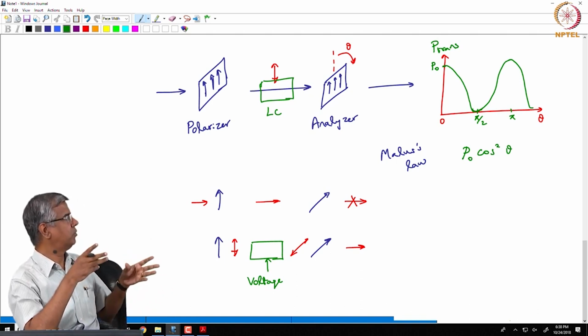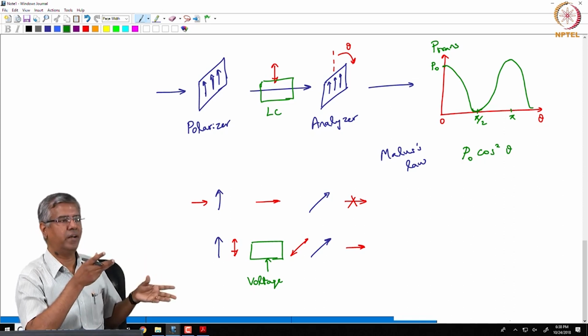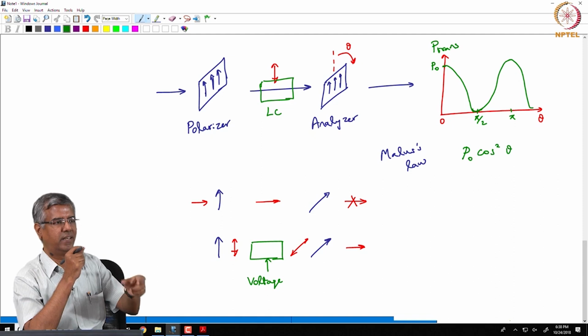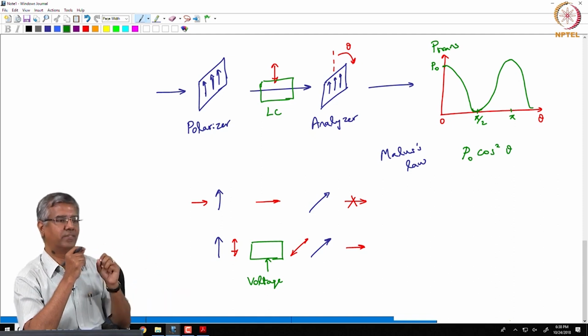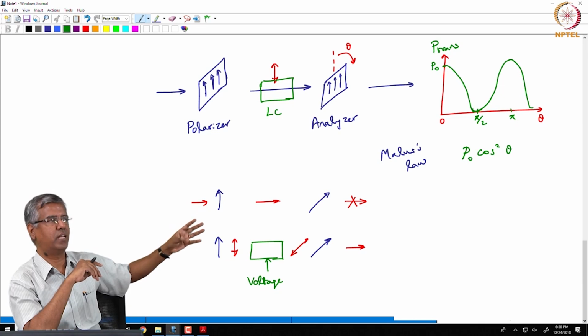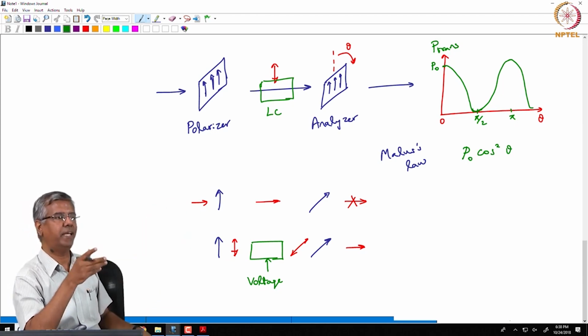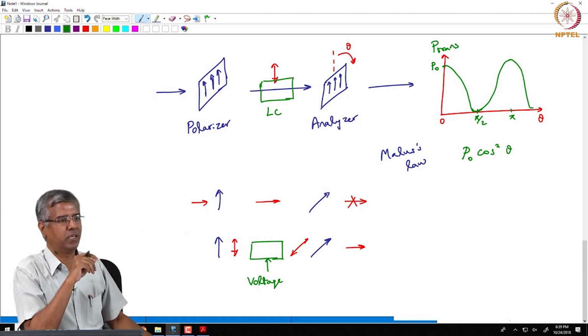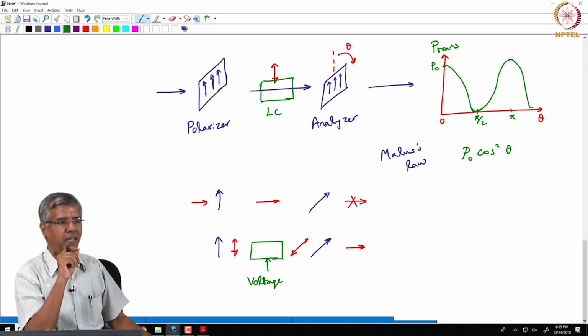But if you want to get orange, you turn on both red and green. They mix together and they look orange over here. That is how you are generating all those colors, but essentially you are manipulating the light transmission through your liquid crystal display by manipulating the polarization of light.